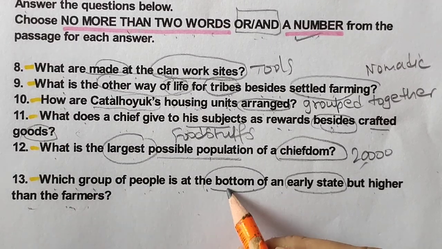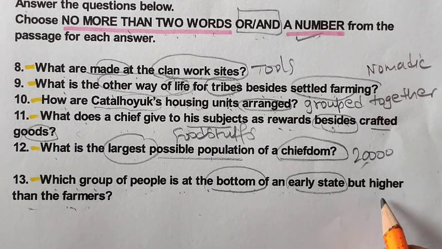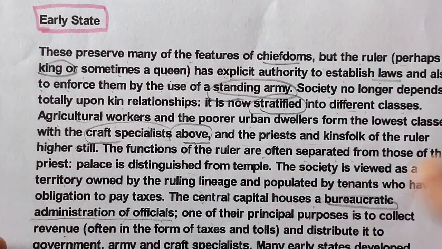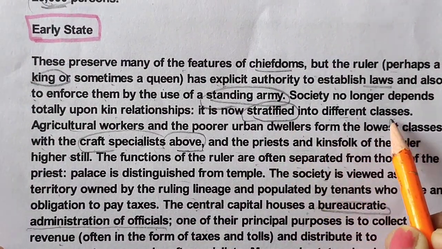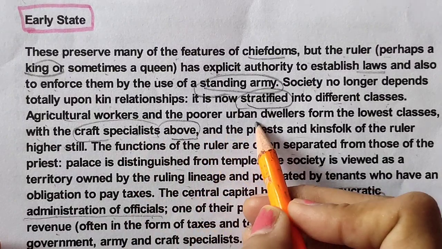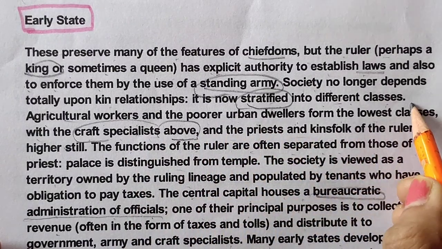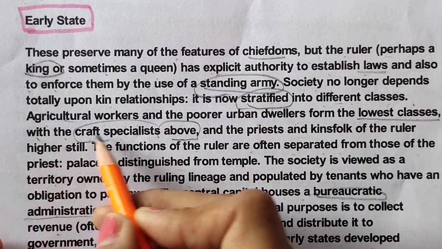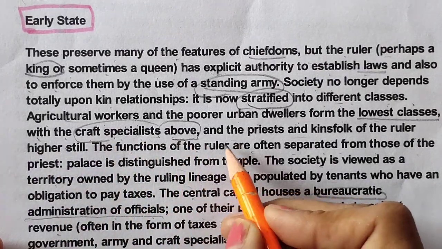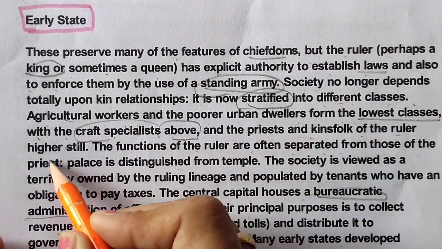Which group of people is at the bottom of an early state but higher than farmers? Here, different classes: agriculture workers and poor urban dwellers form the lowest classes, with the craft specialist above, and priests and kinfolk of the ruler higher still.